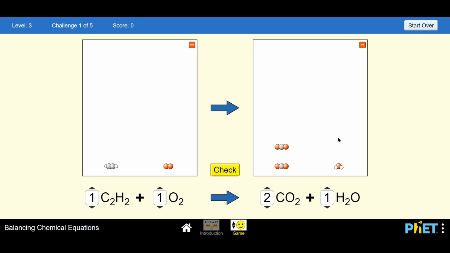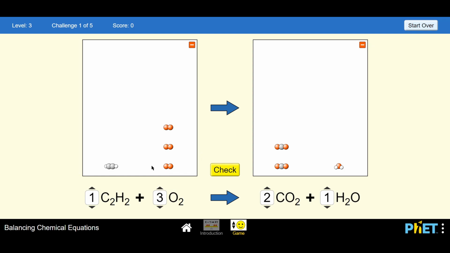It might not be so obvious how we're going to balance 2 and 5, because every time I add more oxygen on the left, it's going to be in multiples of 2, because we have O2, which is a diatomic molecule. For example, right now I have 4, and on the other side I have 5. If I add another one, now I have 6. Now I have too much.